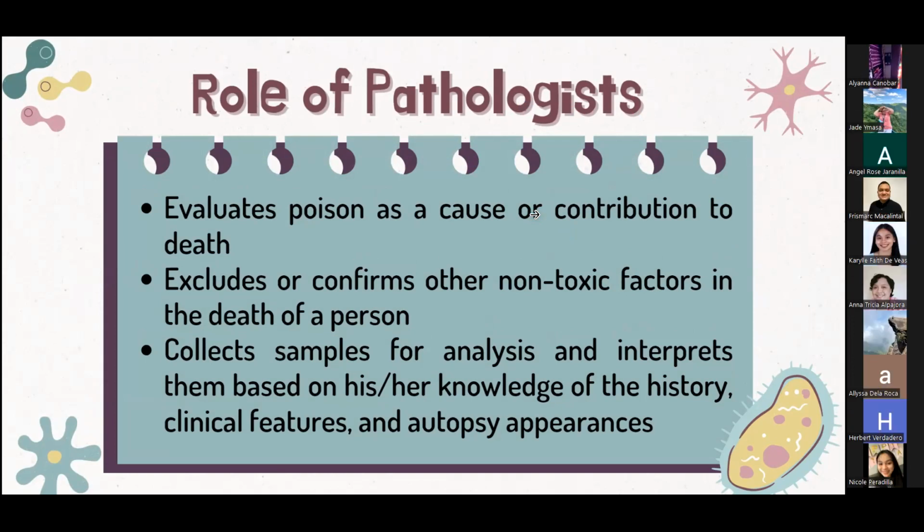And lastly, they will be collecting samples for analysis and interpretation based on the result, and the interpretation will be based from the knowledge and the history and clinical features, and also the autopsy appearances from the result. Next slide, please.